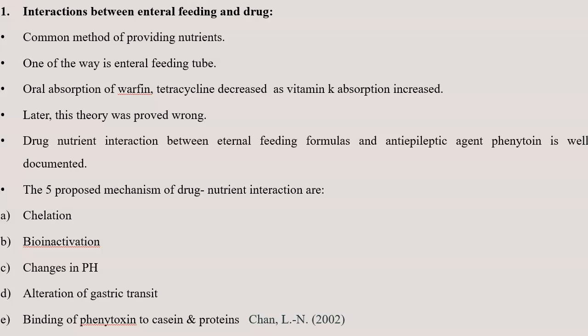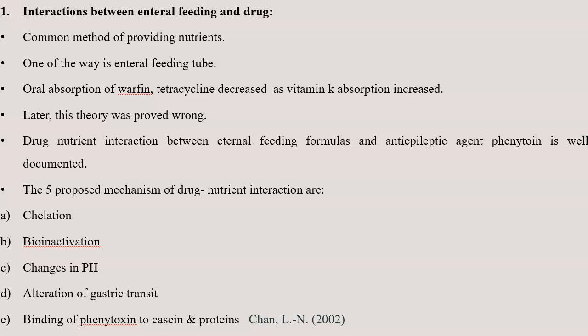There are five main processes through which drug and nutrition interactions occur. First is chelation, where some substances in enteral feeding formulas may form complexes with drugs, hence affecting absorption. Bioinactivation is the mixing of drug and nutrition leading to a chemical reaction, hence affecting absorption.